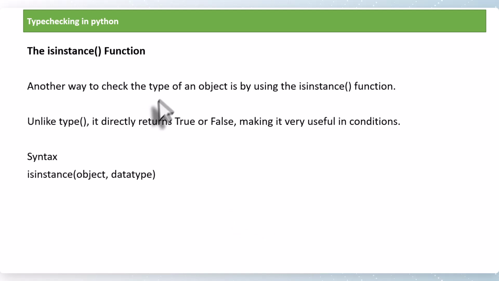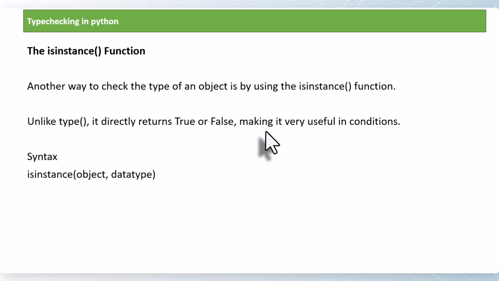We also have another function, the isinstance function, another way to check the type of an object. The type function returns what the class is, but isinstance returns true or false.